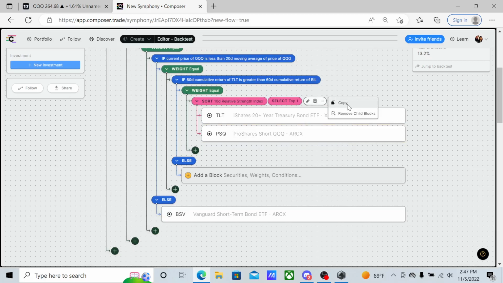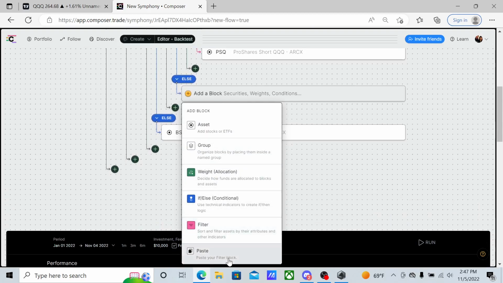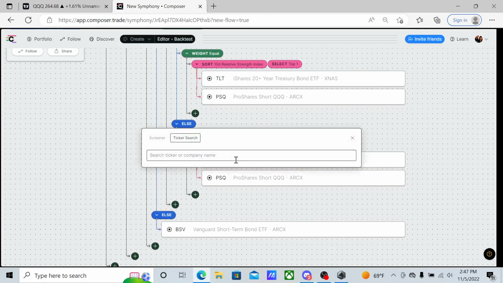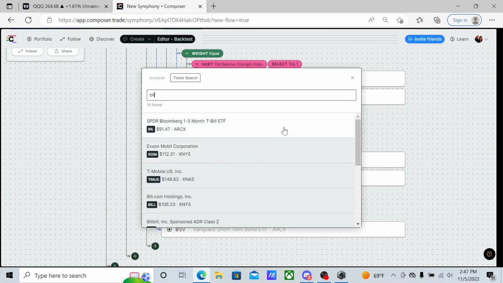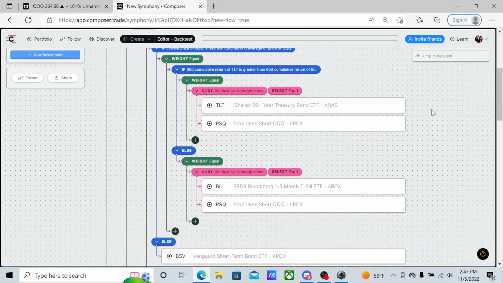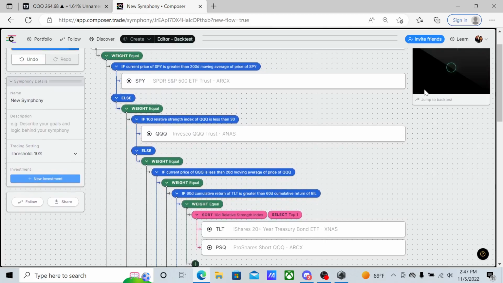If BIL has a higher 60-day return than TLT, you could filter with BIL. So you would go in here, insert BIL, and that's what it would look like. So let's try this out and see how it plays out.